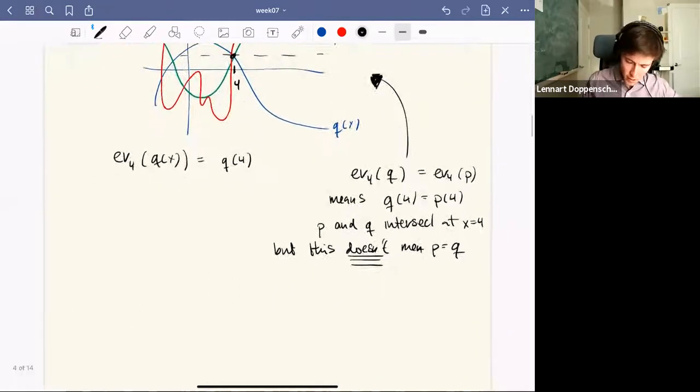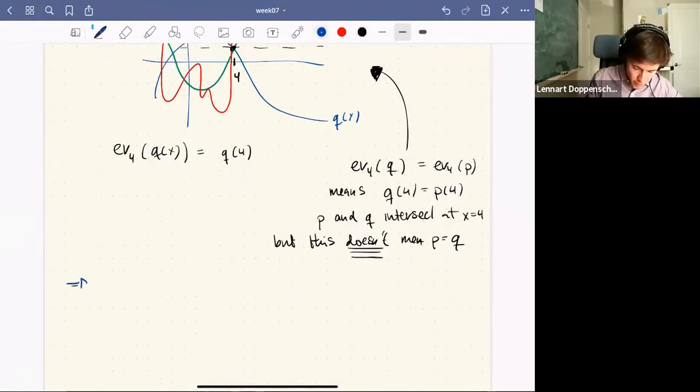So this means the evaluation map from polynomials to real numbers is not injective.